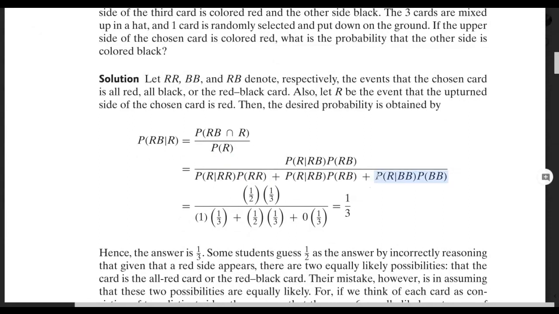Then the second card is all black and cannot turn up red, right? That's why it's a 0.